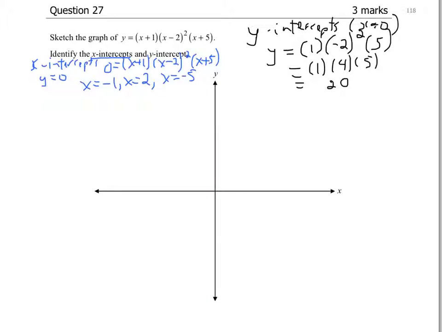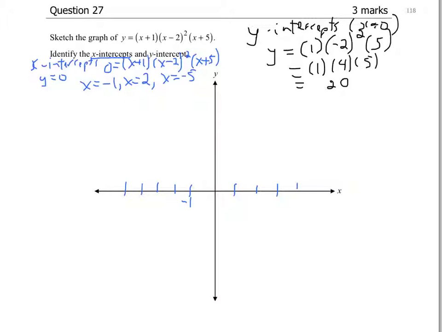So that is the first thing that we want to put on our graph. I will label my axis here. Definitely got to go back to negative 5. So negative 1, negative 2, negative 3, negative 4, negative 5. Should write in at least one number to show the scale. 1, 2, 3, 4.